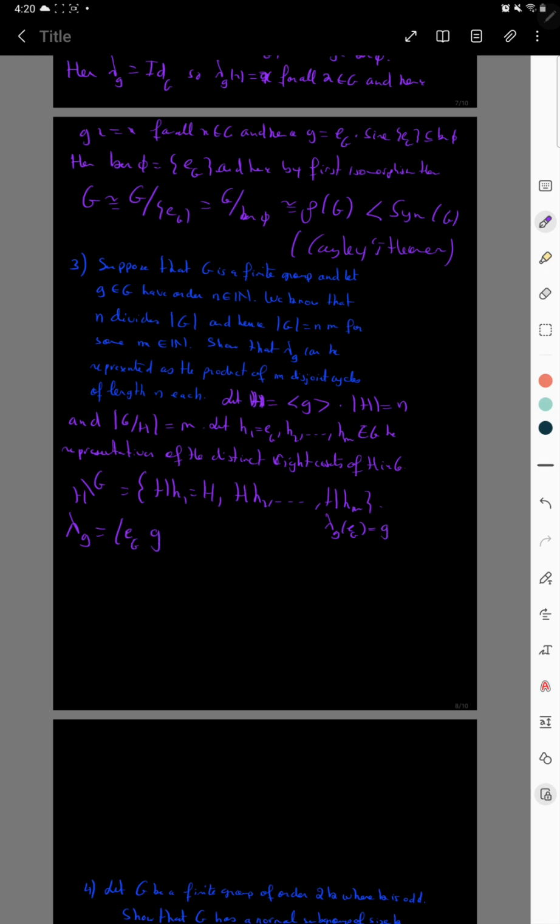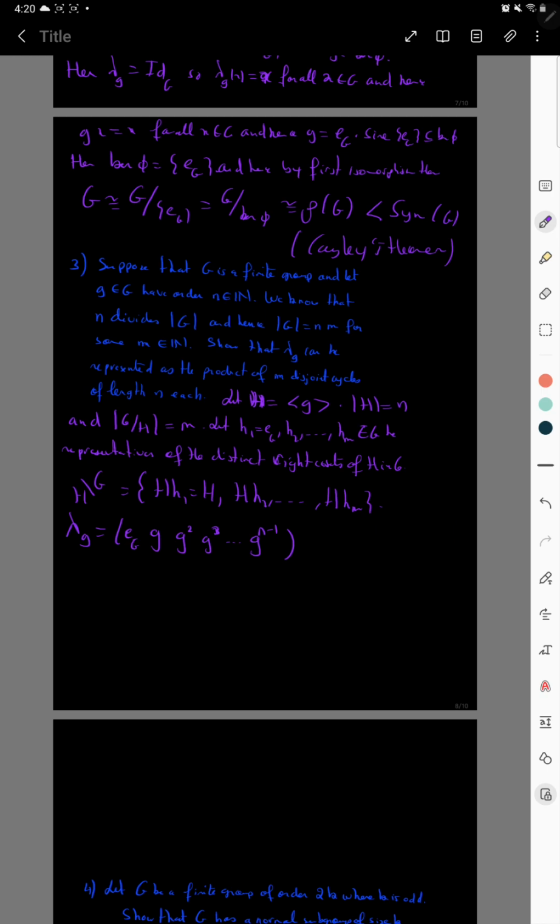So the identity goes to g under lambda g, and g will go to g squared, and g squared will go to g cubed, and g cubed goes to g fourth, and so on. I reach g^(n-1), and g^(n-1) will go to g times g^(n-1), which is g^n, which is e, since g has order n.